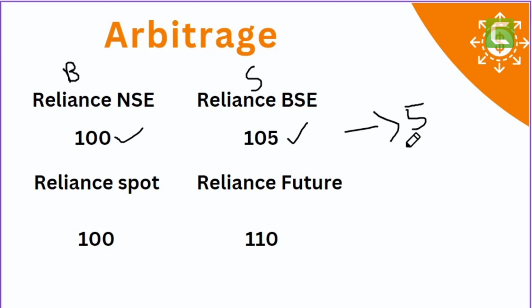This is one style, and we especially use this style in cryptocurrency because there are a lot of exchanges, and sometimes due to high demand and high supply we see this arbitrage difference, the basis difference between both. The stock is the same whether it's on NSE or BSE, but maybe on BSE we are getting high demand, so it is at 105 and NSE is at 100.